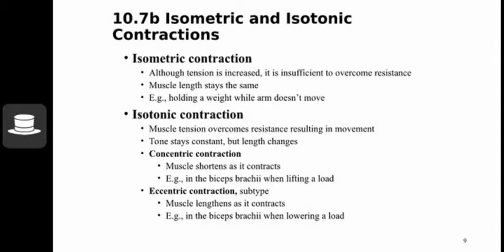So as your biceps brachii gets shorter and shorter, the angle of your elbow is going to decrease and your elbow will go into flexion, and you are in a concentric contraction. The angle is getting smaller, the muscle is getting shorter. And then, because you don't want to drop the dumbbell on your foot, you gently lower it back down slowly, and that is your eccentric contraction. You are still contracting the muscle, but you're doing it in such a way that the muscle is actually lengthening as it is contracting.